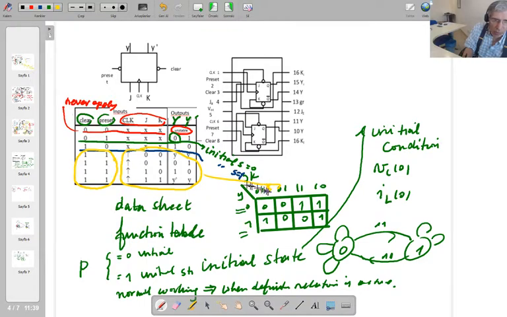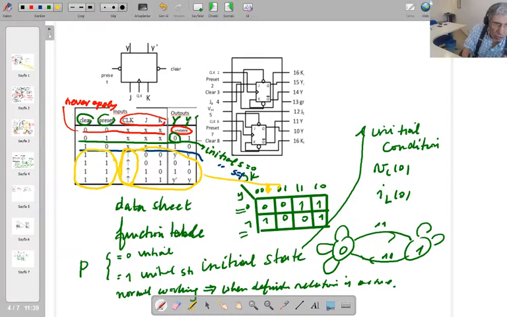So this table is the same thing here. Still, in this theoretical case, this is edge sensitive. When the arrow is upwards, that means this is a positive edge sensitive JK flip-flop. And if you look at this table here, it's the same as here. Just let me show you.